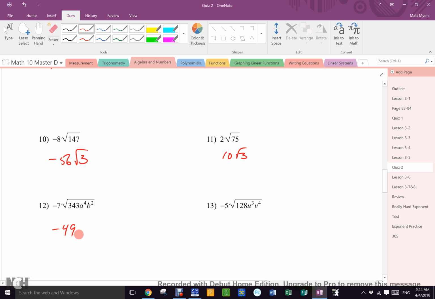Negative 49. Perfect. 13. Negative 20. Negative 40. U, v squared, root 2u.